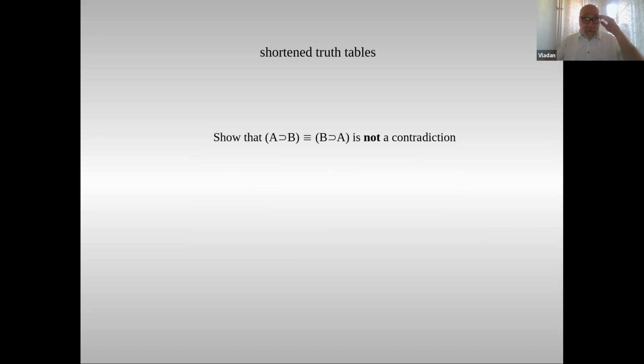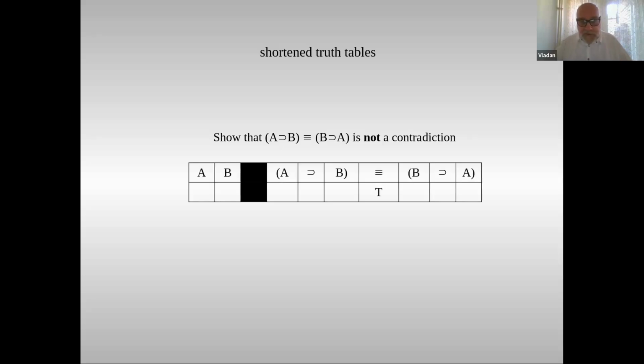We have a formula and we need to show that it is not a contradiction. What can it be? Either a tautology or a contingent formula. Now we have a choice to do either a short table or the whole table. This one will have at least 2 lines because we will have some forks along the line.